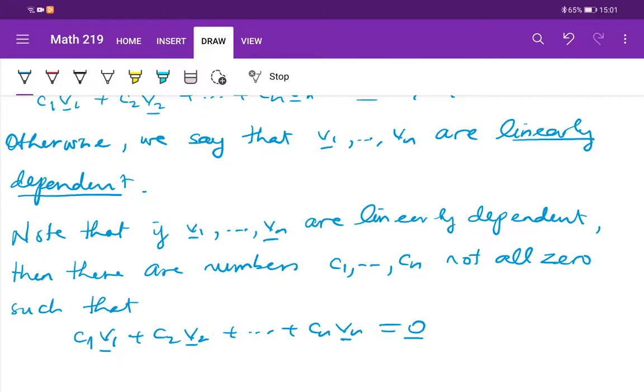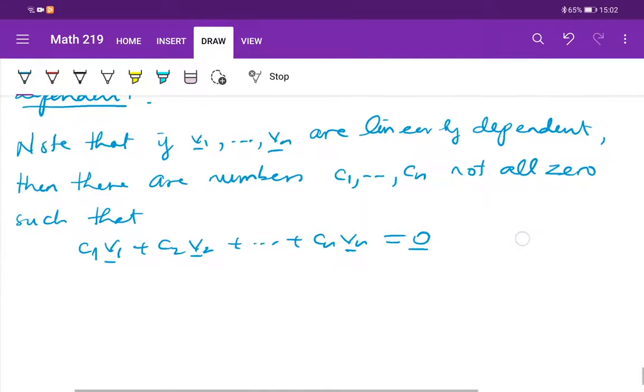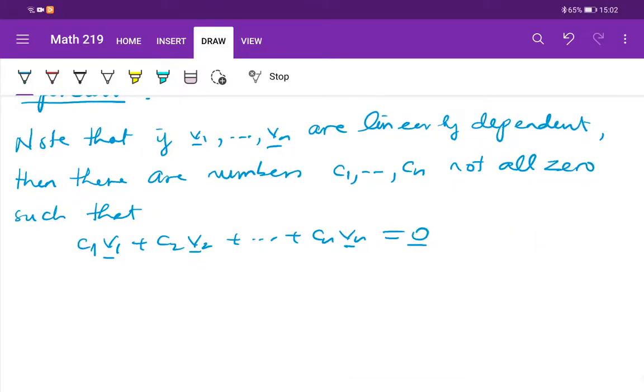Obviously if I put all the ci equal to 0, this is 0. So these vectors are linearly dependent precisely when we can find scalars c1 up to cn, not all 0, such that the linear combination c1 v1 plus c2 v2 up to cn vn is equal to 0.